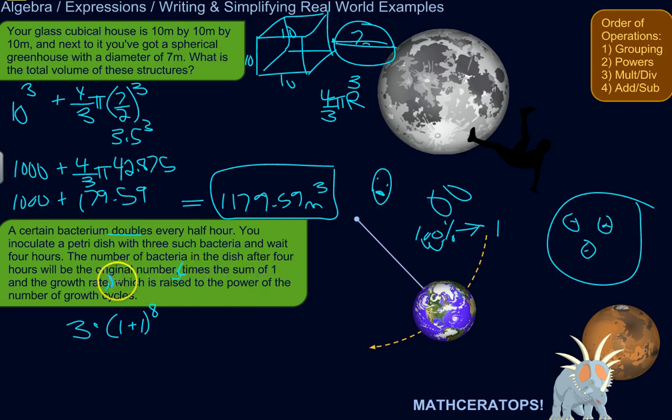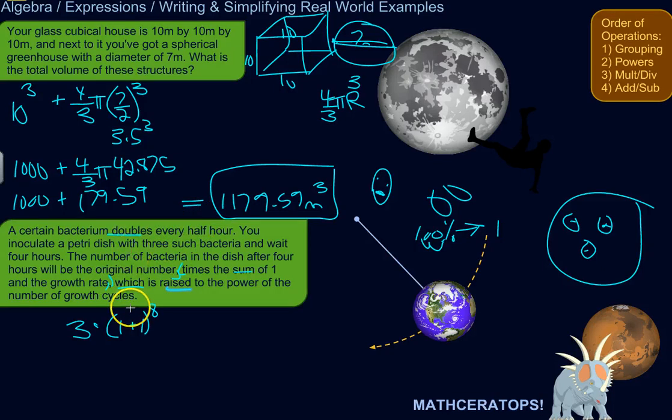The sum of 1 and the growth rate, which is raised to the power. So the "which" refers to the sum. But again, there's some ambiguity in language. If I were talking about raising just the growth rate to the power of the number of growth cycles, I would probably say times the sum of 1 and the growth rate raised to the power of the number of growth cycles, so that this is raised right after the rate.